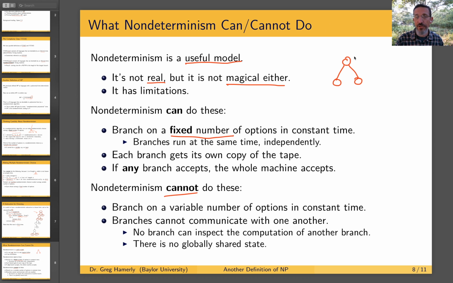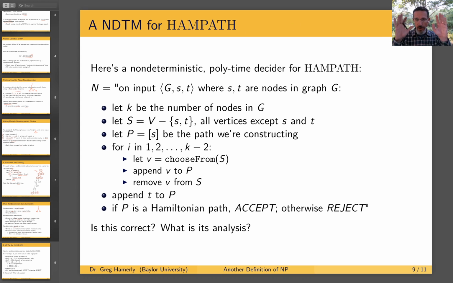Of course, they might have some shared state from back here, but once this one has computed something, it can't share it with that branch over there unless they had communicated in the past before they branched. So no branch can inspect the computation of another branch, and there's no globally shared state except what's in the common history.